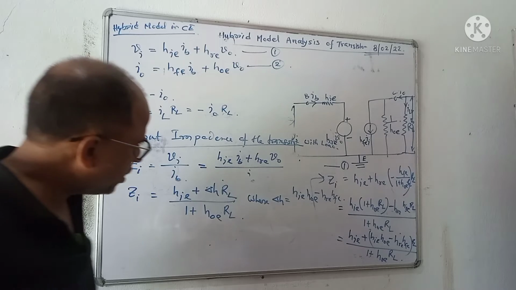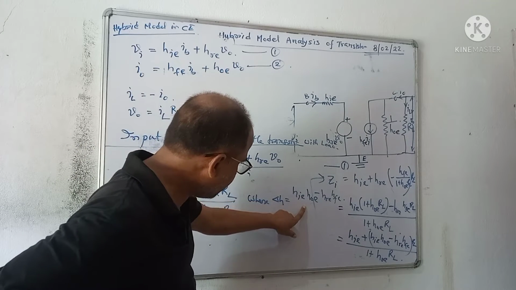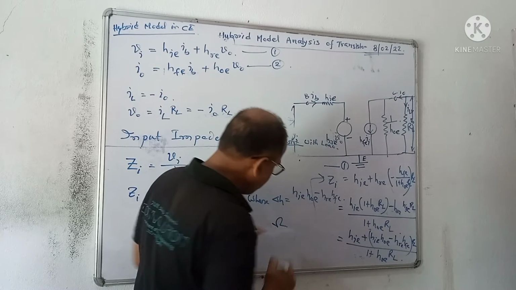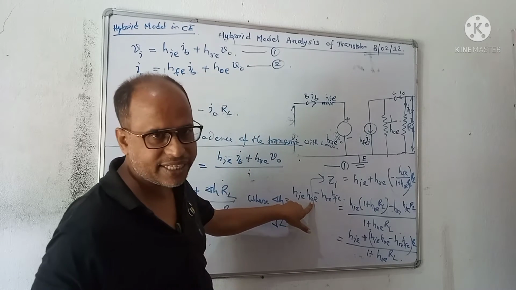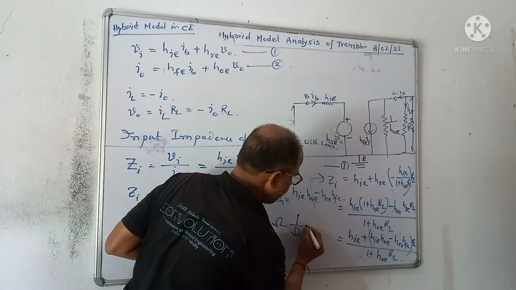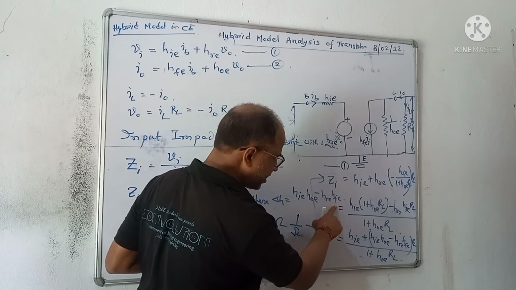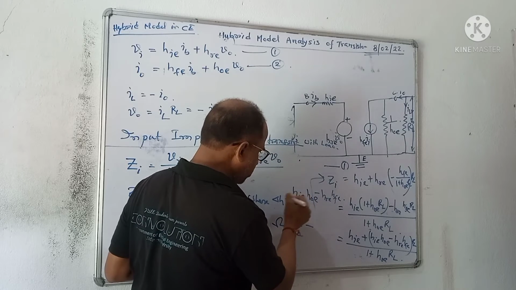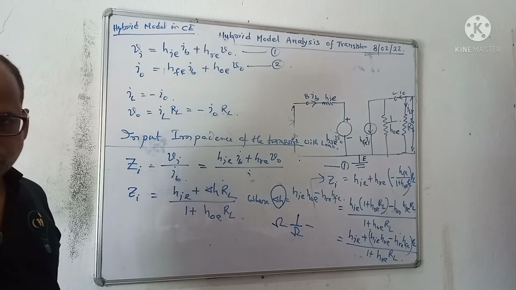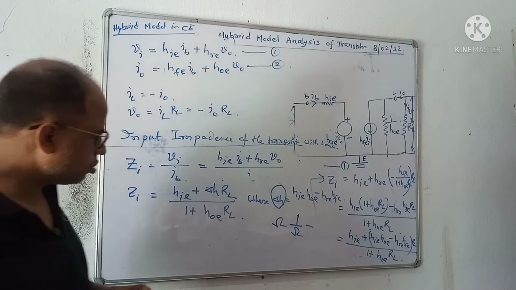Now, it is a constant. Take the dimensions. HIE has the dimension ohm. HOE has the dimension 1 by ohm. HRE is dimensionless, HFE is dimensionless. Therefore, delta H is a dimensionless quantity.